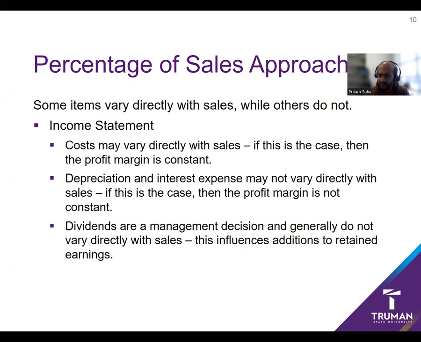If you can generate more sales, you have to pay for more cost of goods sold, right? If you can generate more sales, sometimes you sell them on credit, your accounts receivable goes up. If you can generate more sales, that means you're also buying inventory, you can buy them on credit, you're generating more accounts payable, right? Those are tied to sales.